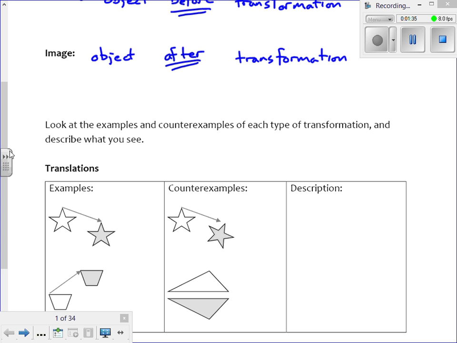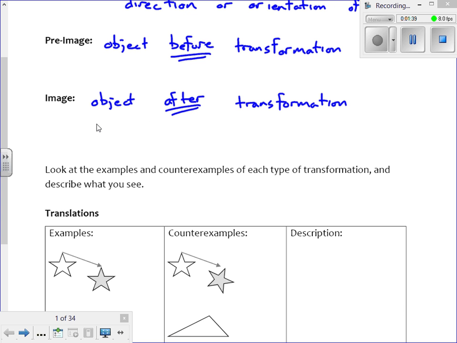Another good way, as you start to do some of this graphing stuff, is to look at the letters. A preimage, a lot of times, the points associated with it will be labeled as just letters, A, R, Y. And then those same points, after something's been done to the preimage, all of a sudden they're going to be prime.